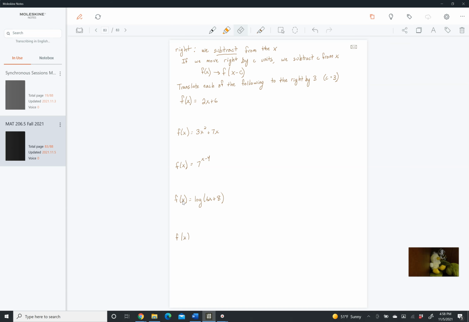Then we have f of x equals our absolute value function, absolute value of 6x minus 5. And finally, f of x equals our reciprocal function, x plus 2 over x squared minus 8. And we're going to move each of these to the right by 3.